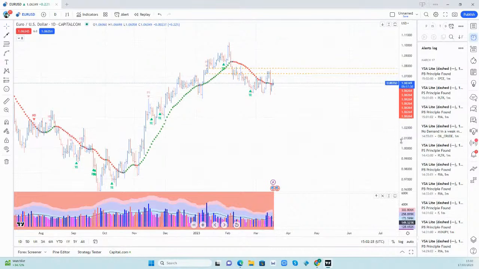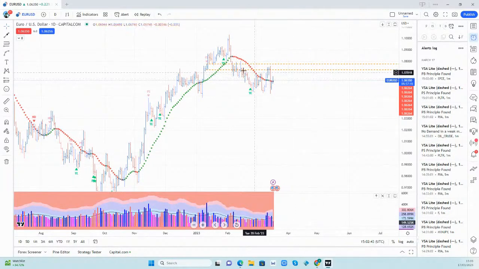The trigger area is these two dotted lines which automatically appear on the VSA light. If you have this program, this will come in as part of the program. It creates trigger lines, upper and lower, which work almost like support and resistance lines.